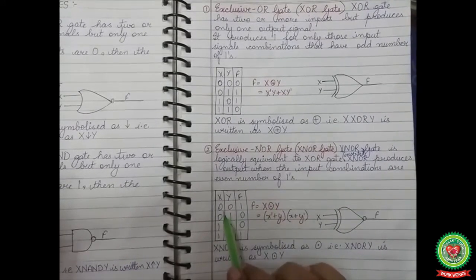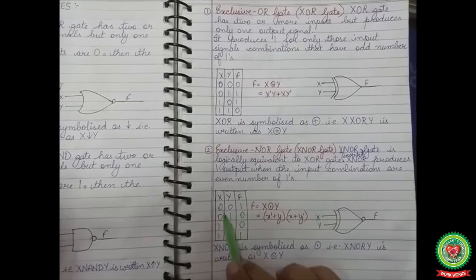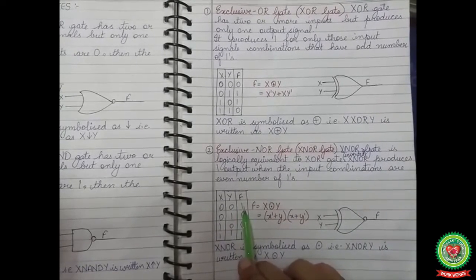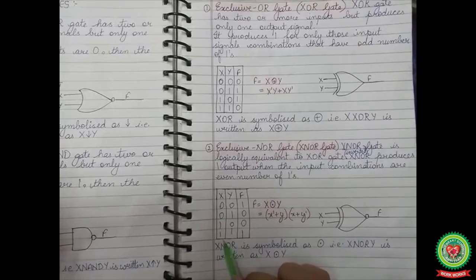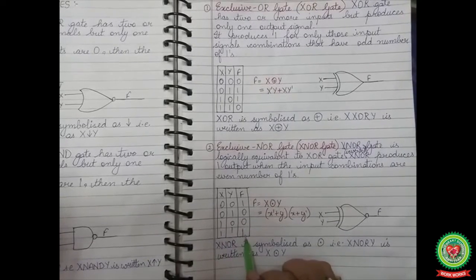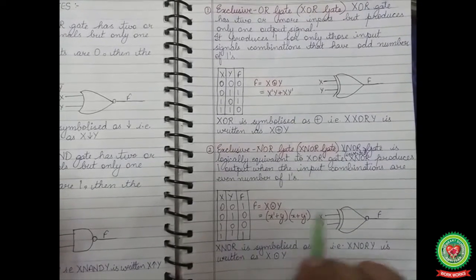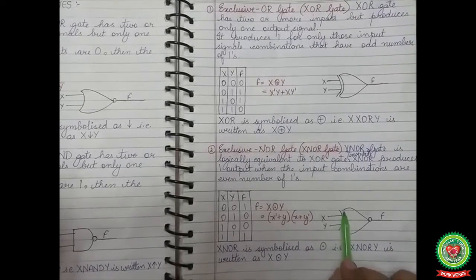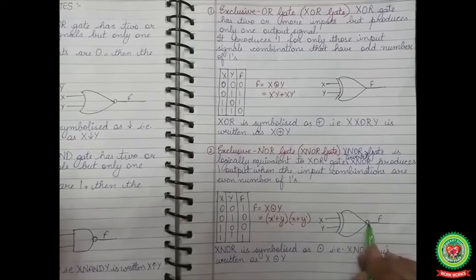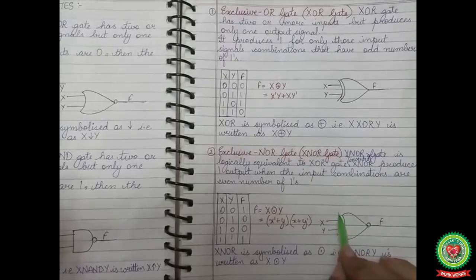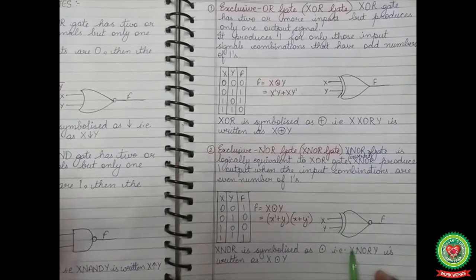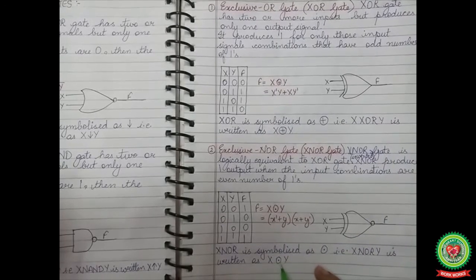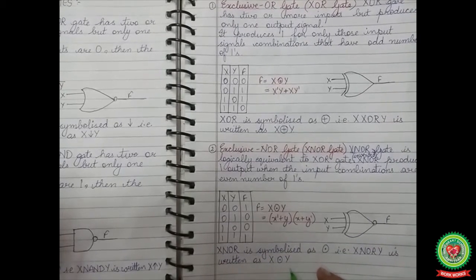Now you can see 0, 0 gives 1 because there is no 1, so we write the output 1. And if the number of ones is even, then also we write 1. This is the symbol of the XNOR gate. It is represented as an OR, then a circle and an arc. So x XNOR y is written as x, a dot in a circle, and then y.